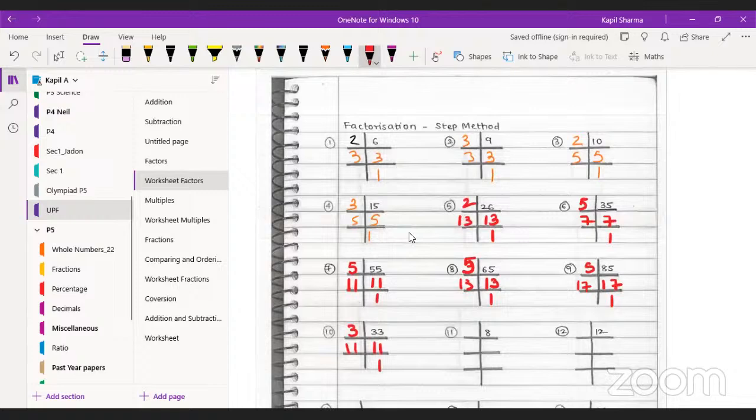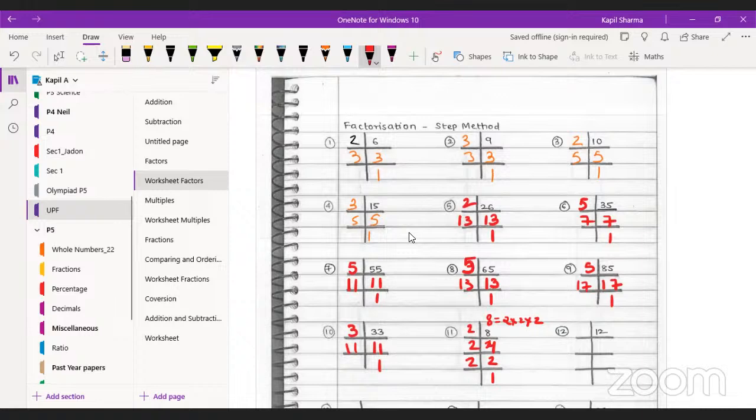Next is 8. 2, 4, 2, 1. So 2 times 2 times 2 is 8. Okay, there are 3 2's, not 4, guys. 8 is 2 times 2 times 2.